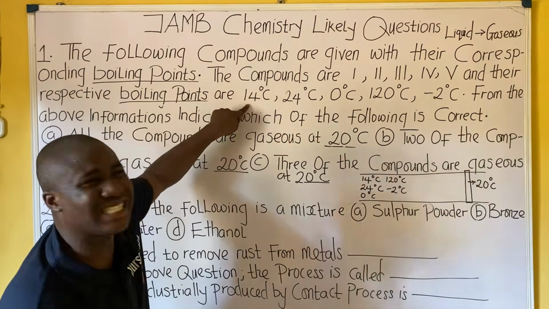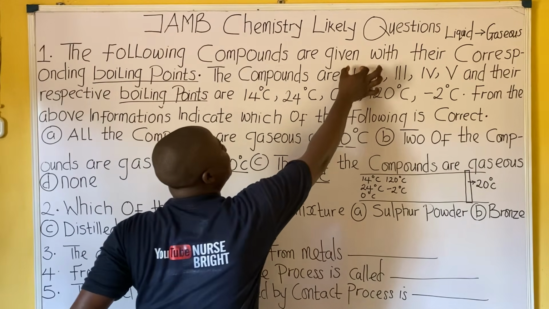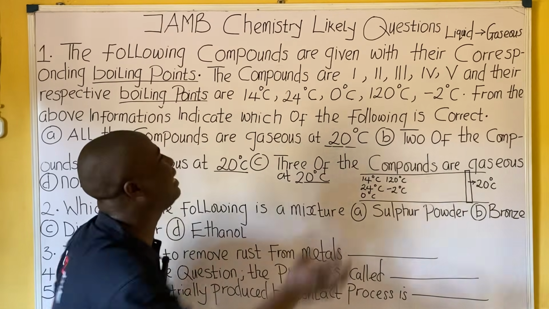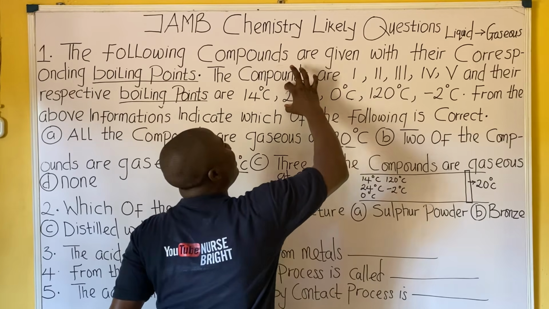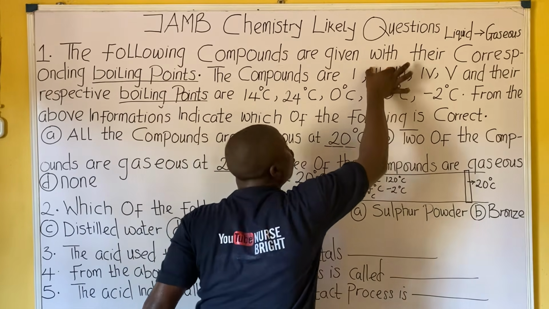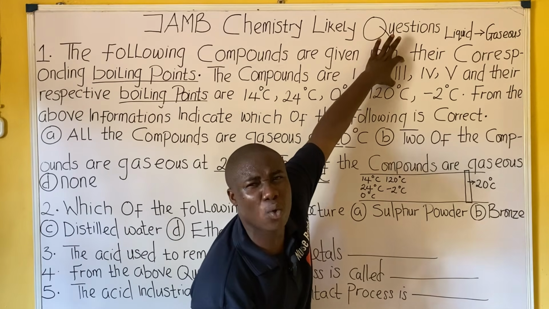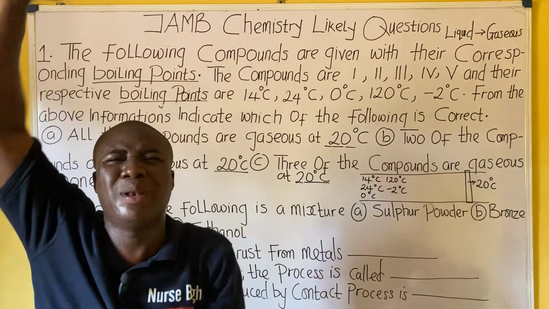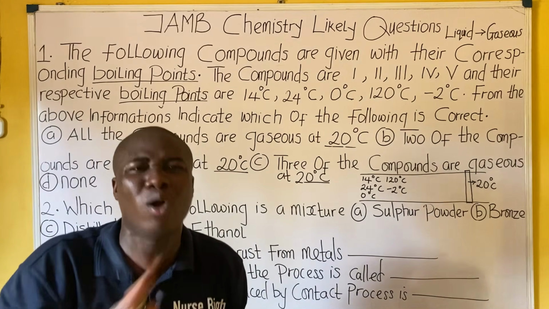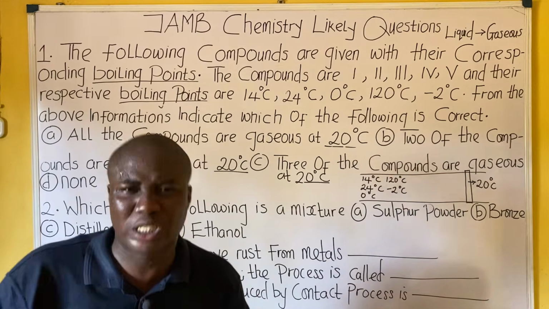So 14 degrees Celsius is the temperature at which this compound should start boiling. This 24 degrees Celsius is the temperature at which this compound too should start boiling. 0 degrees Celsius is the temperature at which compound 3 should start boiling. I believe you understand what is happening. They are all very simple. They are not difficult at all.